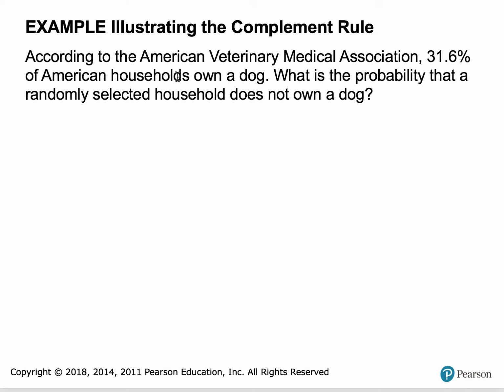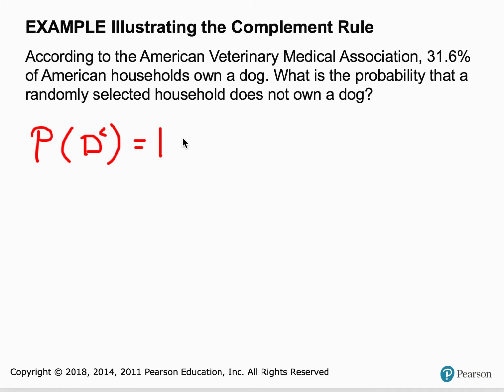According to the American Veterinary Medical Association, 31.6% of American households own a dog. What is the probability that a randomly selected household does not own a dog? So, the probability that you want is the complement of people that own a dog, the people that do not own a dog.